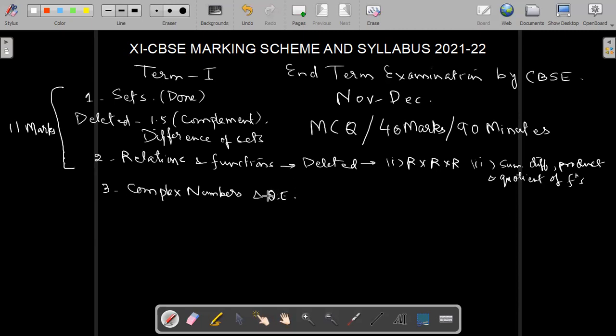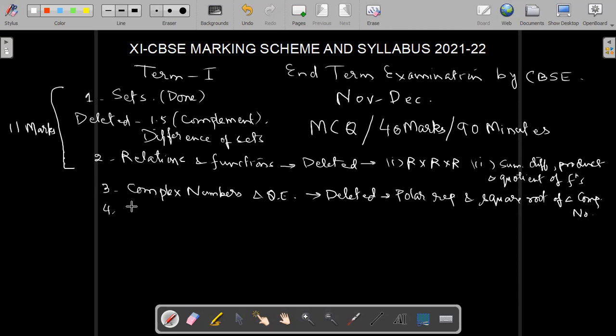The deleted portion here is polar representation and square root of a complex number.